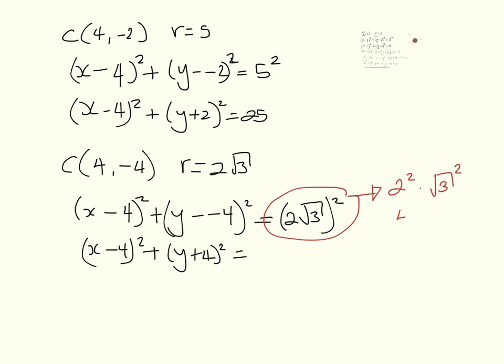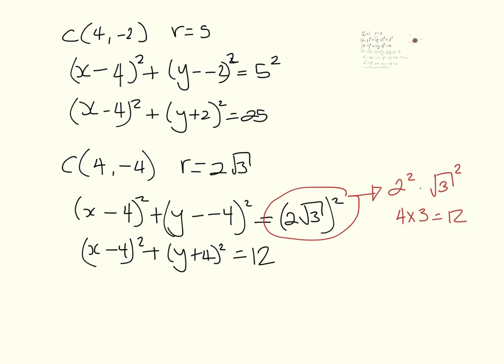So this becomes 4 multiplied by, when you square this square root, which is the power of a half, when you multiply 2 by a half, you get 1. So this just becomes 3. So basically that's a 12 there. Okay, and so finally 12 there. All right, so that's basically the general format of what it might look like.